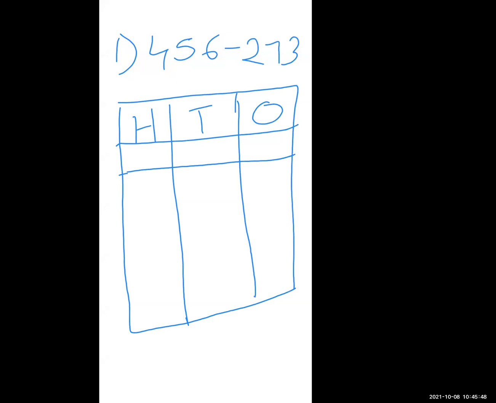Then we have to put the numbers: 4 hundreds, 5 tens, 6 ones minus 2 hundreds, 4 tens, 2 ones. Okay, so let me solve it.